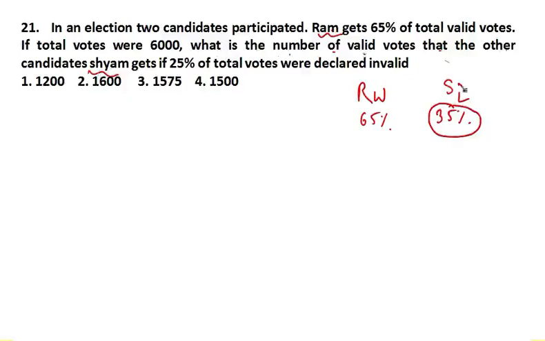It is asking about Shyam, meaning what this 35% represents in real number, if 25% of the total vote were declared invalid.